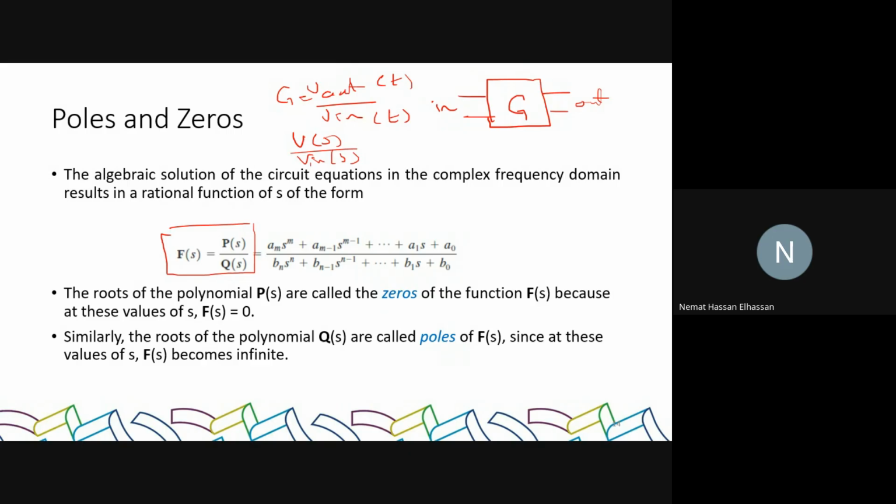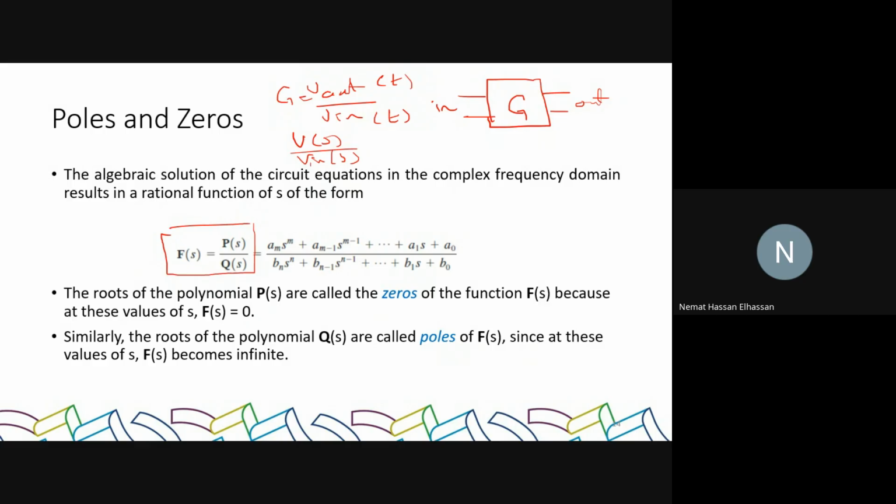Zeros are values of s that will cause this gain, or this F of s, to be equal to 0. قيم s اللي هتخلي الدالة كاملة تساوي صفر. طيب متى هتكون الدالة بصفر؟ متى بيكون الكسر قيمته بتساوي صفر؟ لا، إذا المقام صفر قسمة على صفر بتدي كمية غير محددة، صح؟ infinite undefined value. لكن إذا البسط صفر قيمة الدالة صفر، صح؟ إذا قيم s اللي هتخلي البسط صفر هتخلي الدالة صفر.